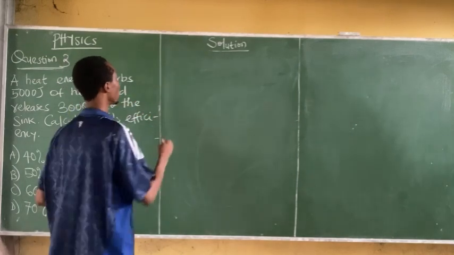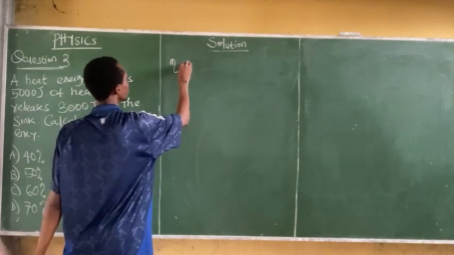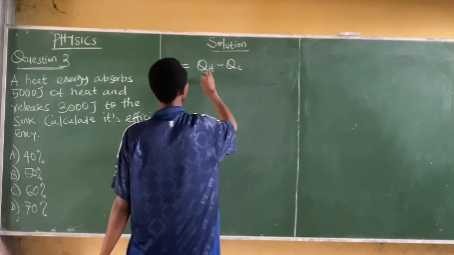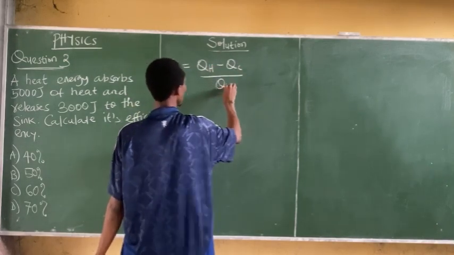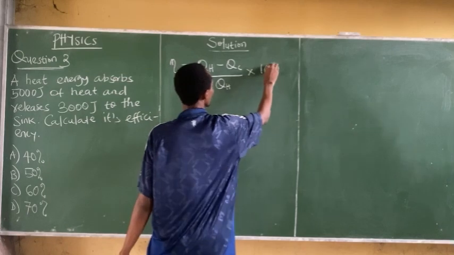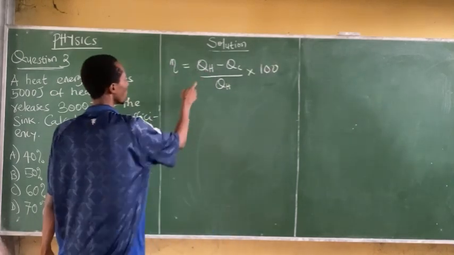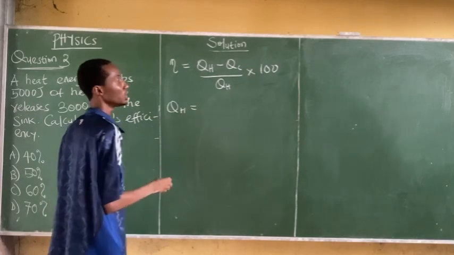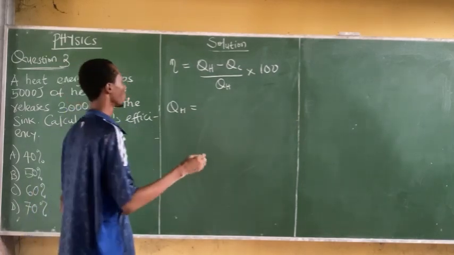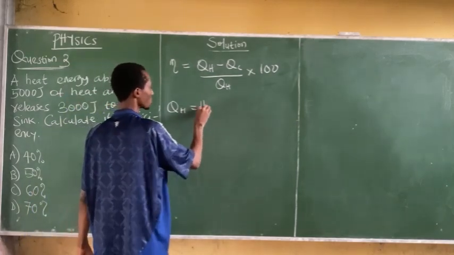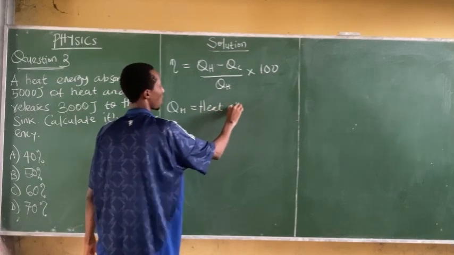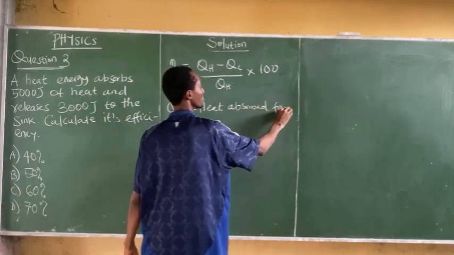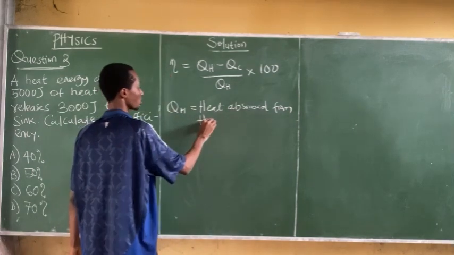It is given by the formula efficiency is equal to QH minus QC all over QH times 100, where QH here talks about the heat absorbed from the hot source.